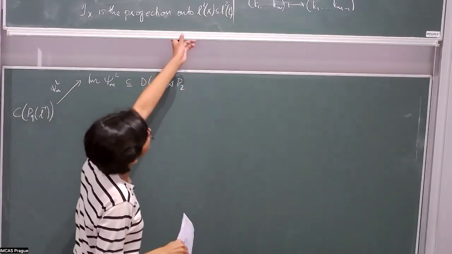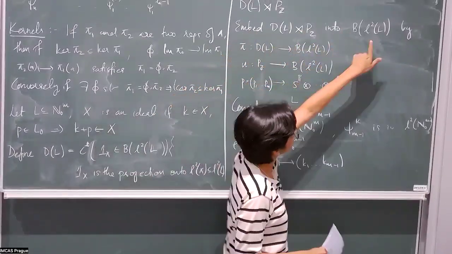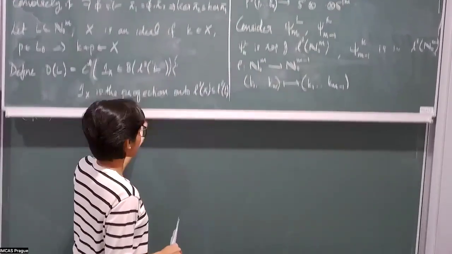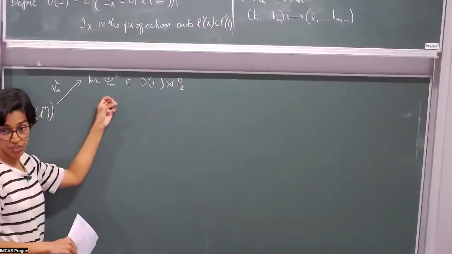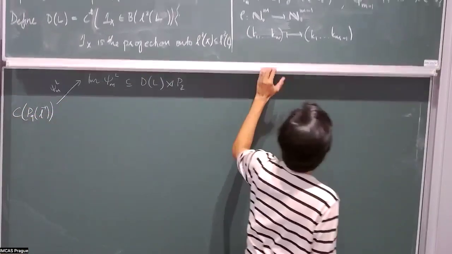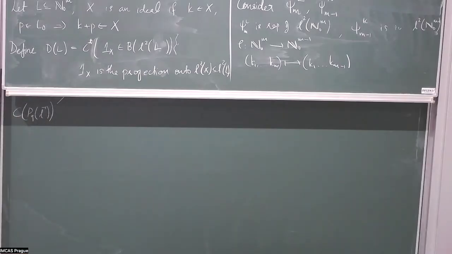I already told you that we can embed this into B of L2 of L, and this embedding is in such a way that it contains the image. You can see this because we already have these shift operators, and these are exactly the shift operators that appear here.